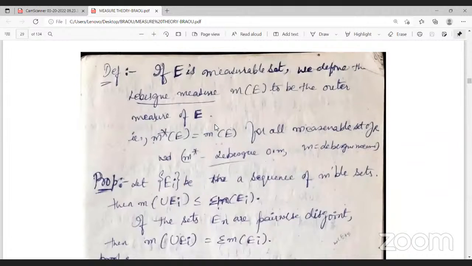Therefore, for every integer n, this theorem is true. By mathematical induction, for n equal to 1, clearly m of E equals m of E only. For n equal to 1, the theorem is obviously true.